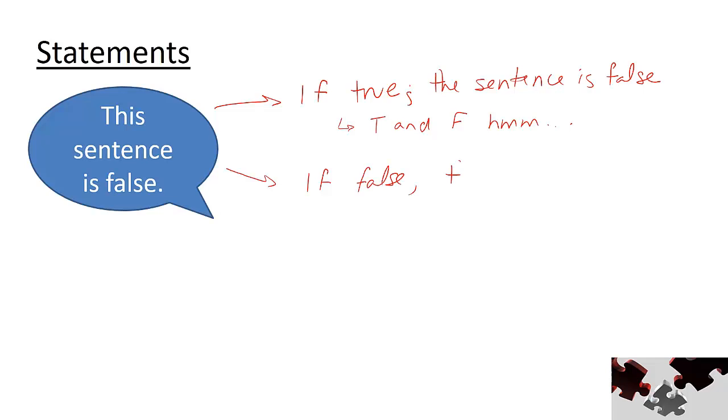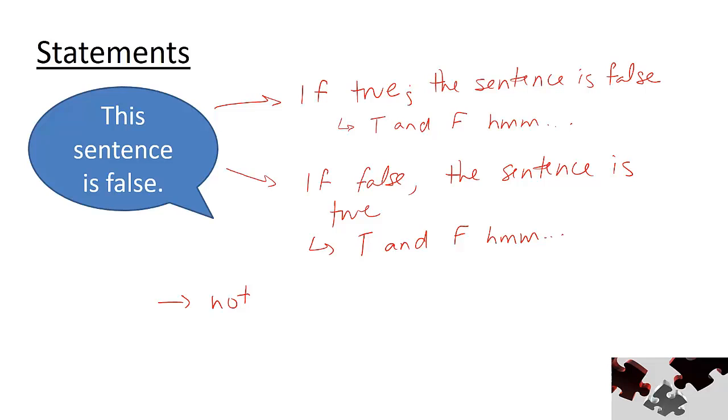Well, if the sentence is false, then the sentence is telling us that it is false. But hey, doesn't that mean that the sentence is true? What the heck is going on here? Because this sentence is both true and false at the same time, we have to conclude that it's not a statement.